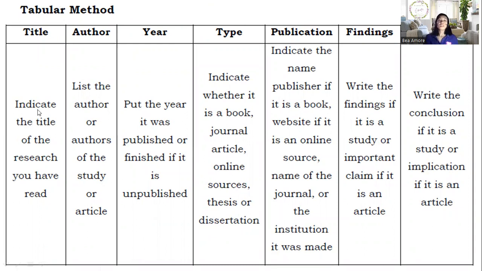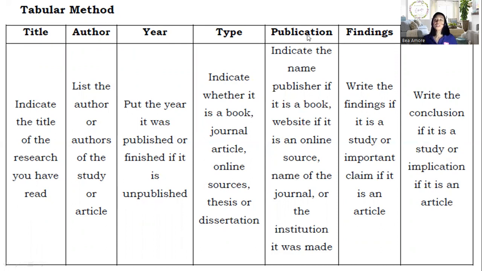Summarize nyo siya: give the title, indicate the title of the research you have read; the author, list the author or authors of the study or article; year, put the year it was published or finished if it is unpublished. For the type, indicate whether it is a book, a journal article, online source, thesis, or dissertation.